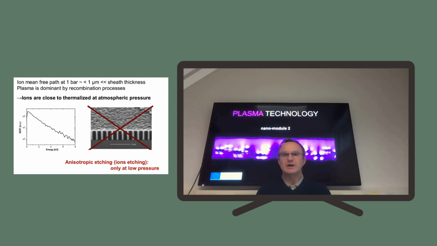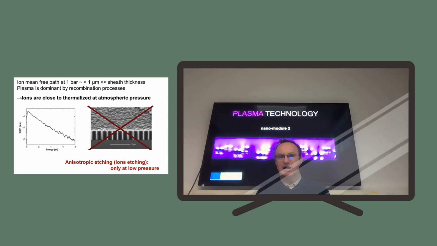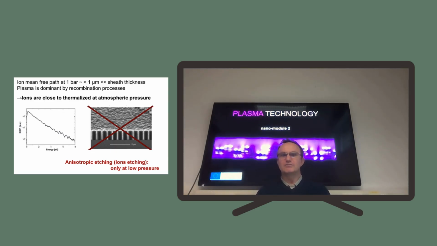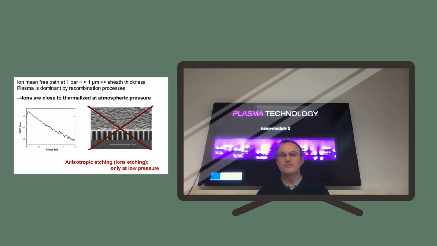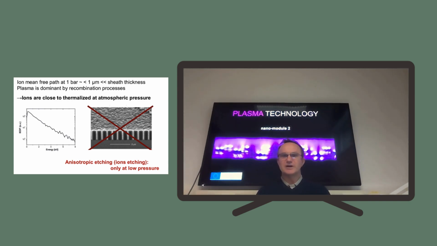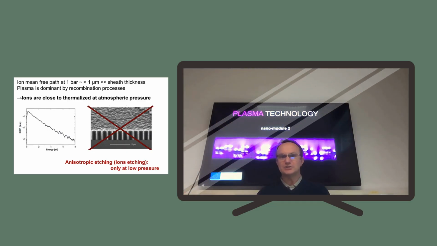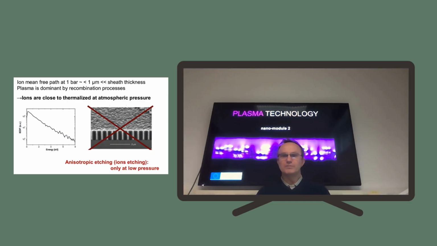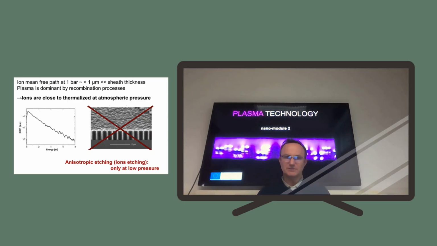They will not have enough energy to etch the substrate, and more important, they will not have a velocity which defines the direction of ions towards the surface. They will have a random velocity distribution, and so anisotropic ion etching is only possible to achieve at low pressure plasmas and not at atmospheric pressure plasmas.